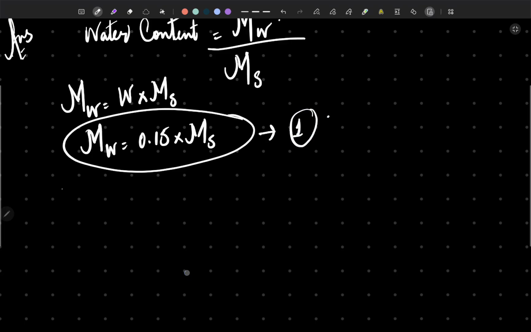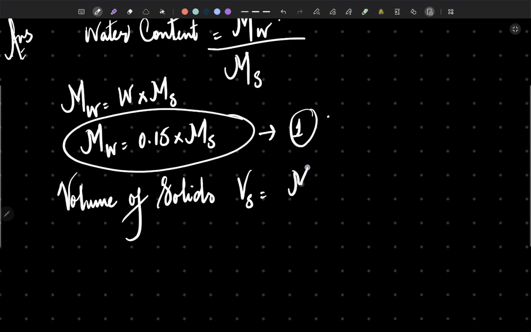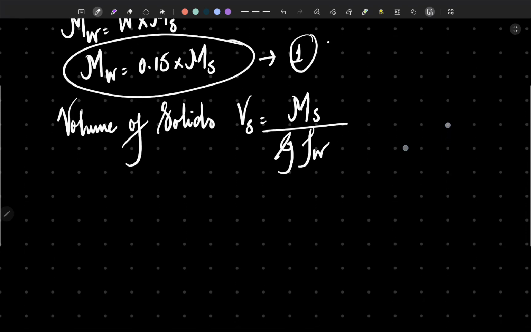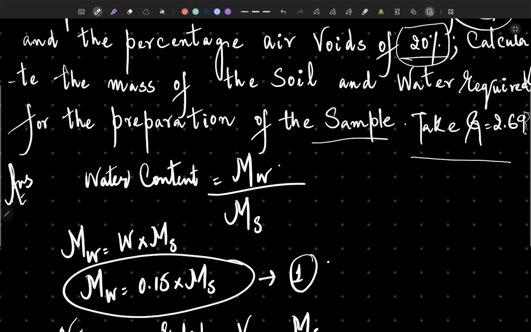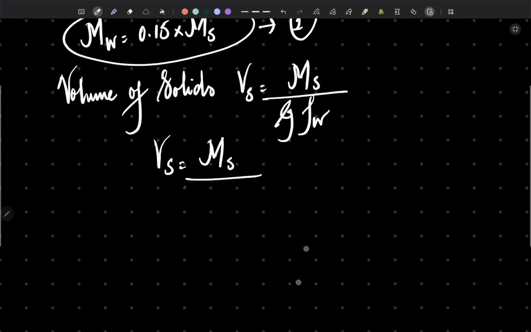Alright, we also know that volume of solids is given by the relation mass of solids divided by specific gravity and density of the water. That means volume of solids is mass of solids divided by specific gravity. In the question we have been asked to take G as 2.69, so we'll be substituting the same value 2.69 multiplied by the density of water, that is 1000 kgs per cubic meter.